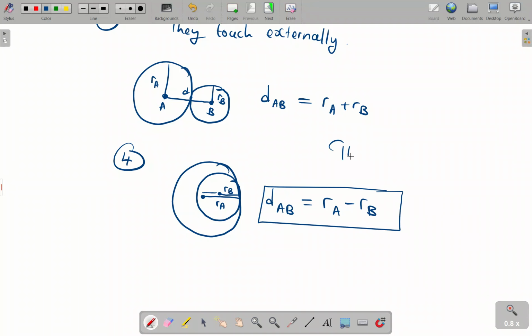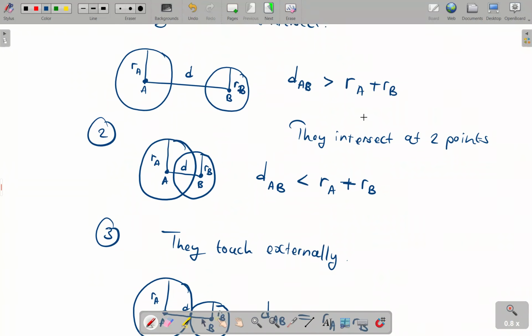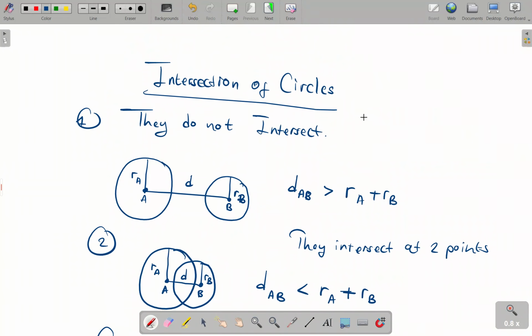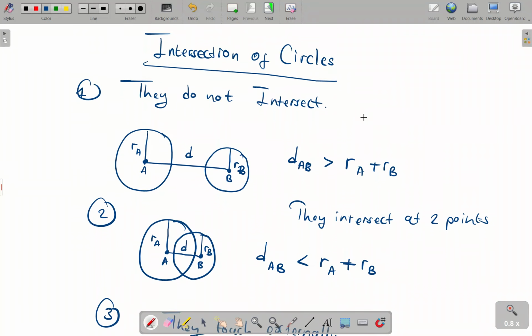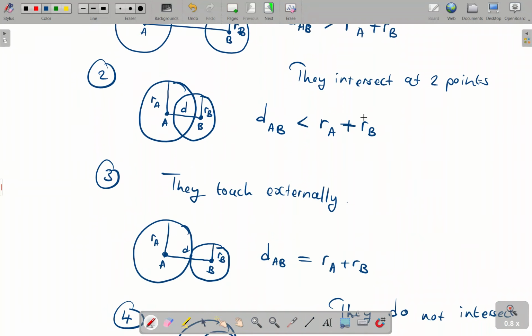So this is when they do not intersect. Let me see what I have there. So number 1, they do not intersect. Then they intersect.